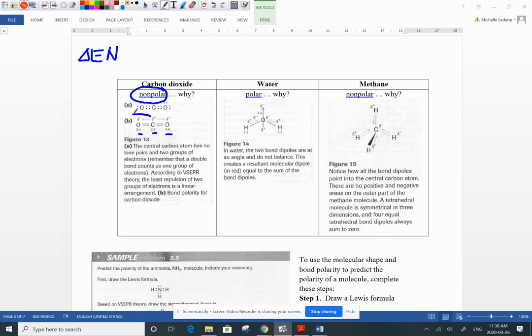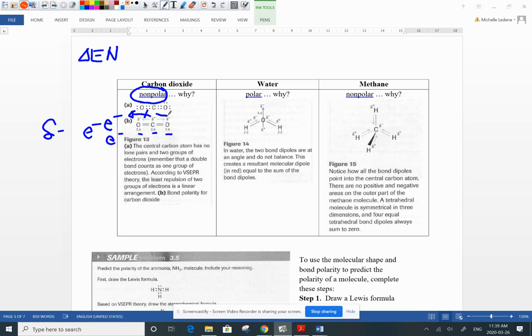So there actually is a bond dipole. This is a polar bond between carbon and oxygen, pointing more towards the oxygen. Why? Because all the electrons in this molecule are hanging out more at the oxygen end. It's partial negative because of that.